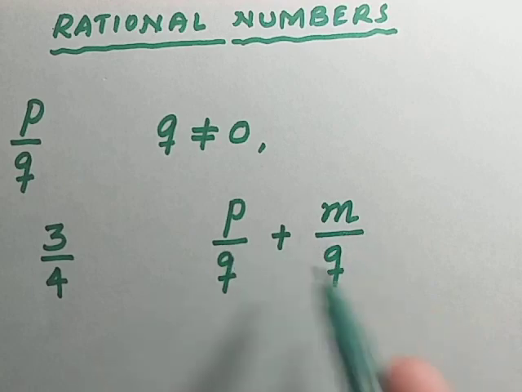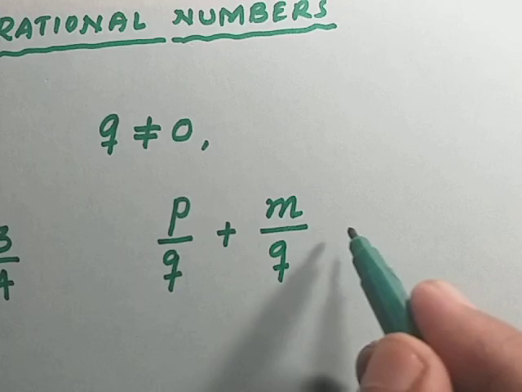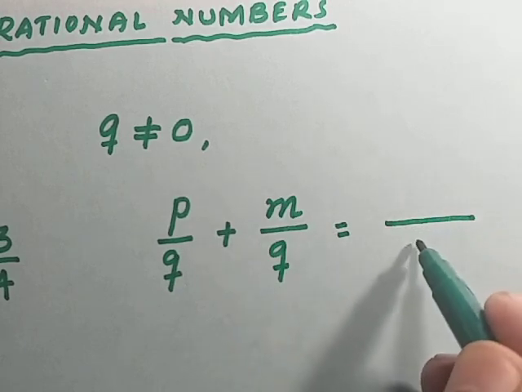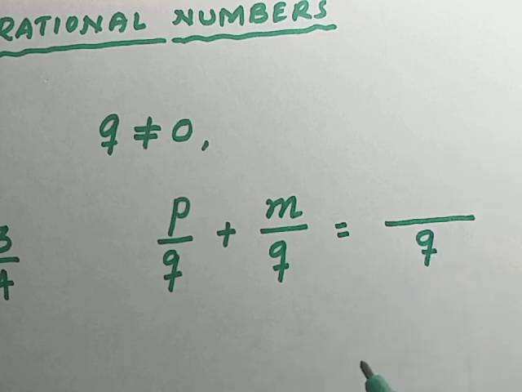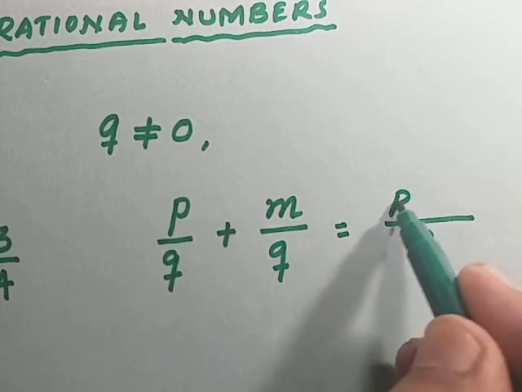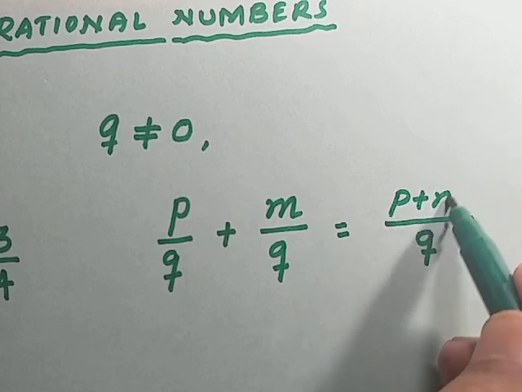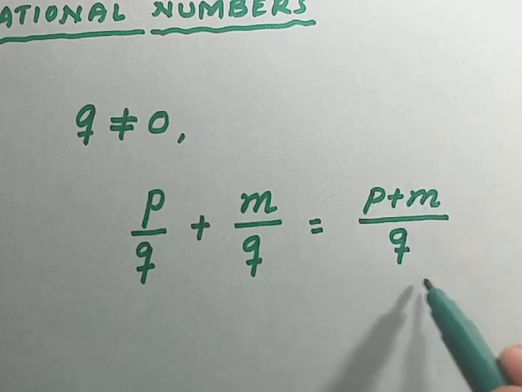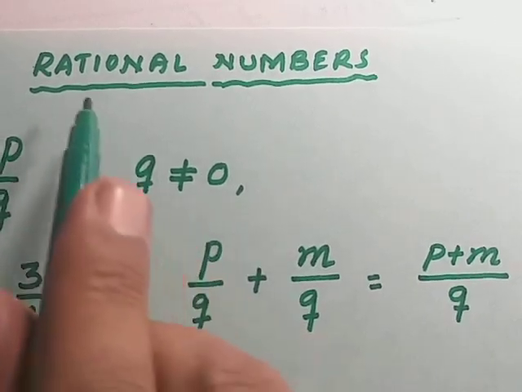When two rational numbers of the same denominator are being added, what we normally do is keep the denominator as it is, that is q, and add the numerators, that is p plus m. Now p plus m divided by q is again a rational number.